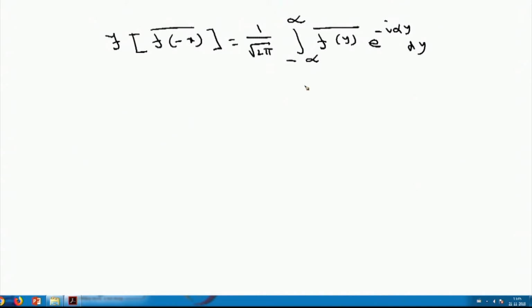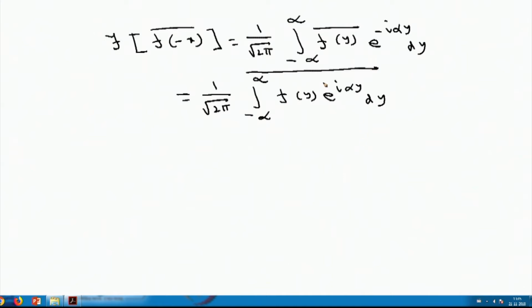I have skipped them because just before this slide we have shown that part. This equals 1 by root 2 pi, integral from minus infinity to infinity of f y, and I can write e power i alpha y dy, and I can put the whole bar on it. So this is nothing but again the Fourier transform of alpha bar.